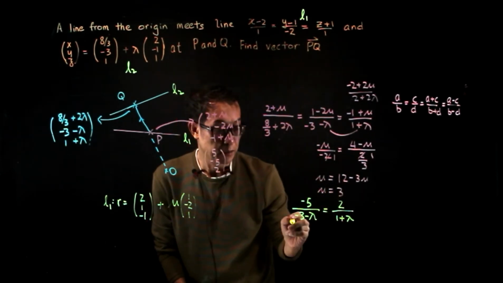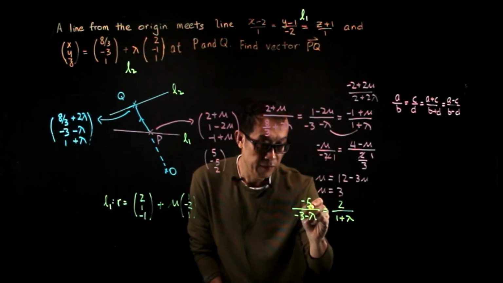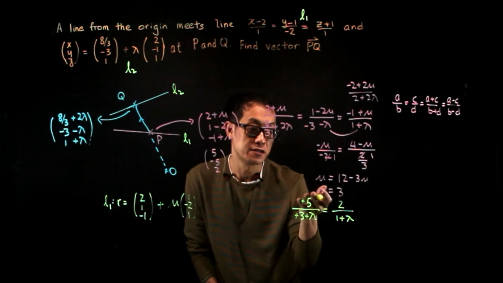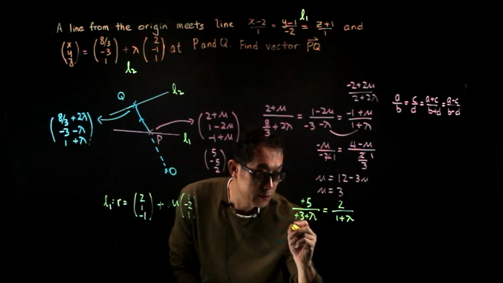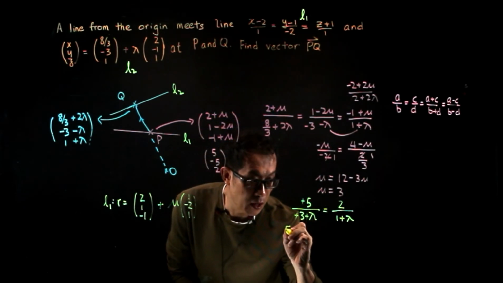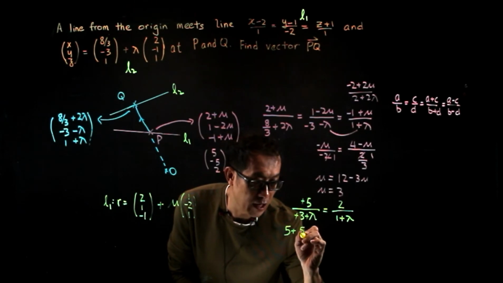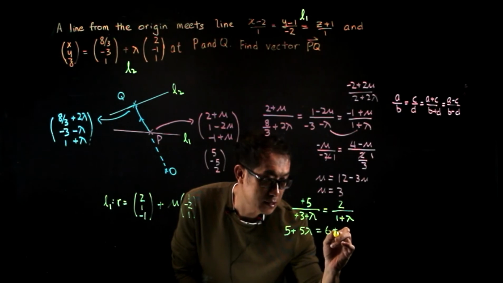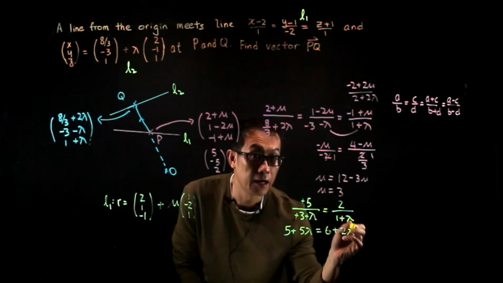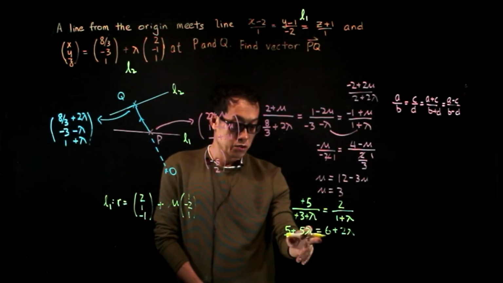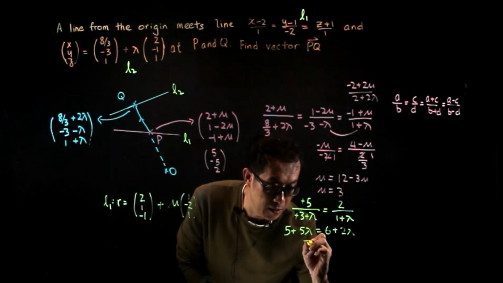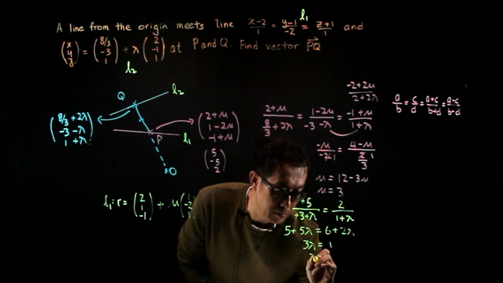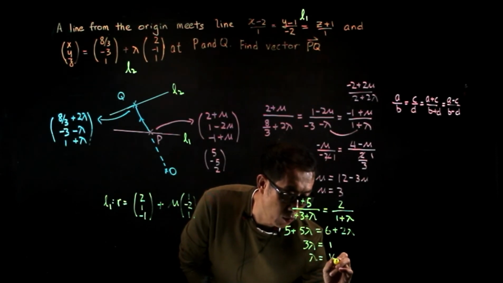Let's do a cross multiplication. Before that, this then becomes all plus, because you can cancel the negative. So let's work with positive. So I have 5 plus 5 lambda equals to 6 plus 2 lambda. So I have 3 lambda here and I have 1. So lambda equals to 1 over 3.